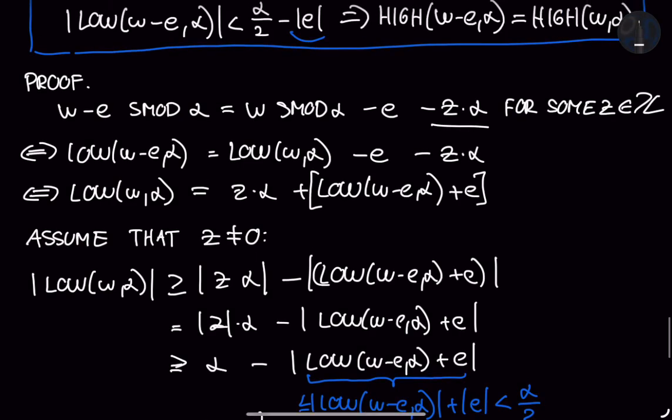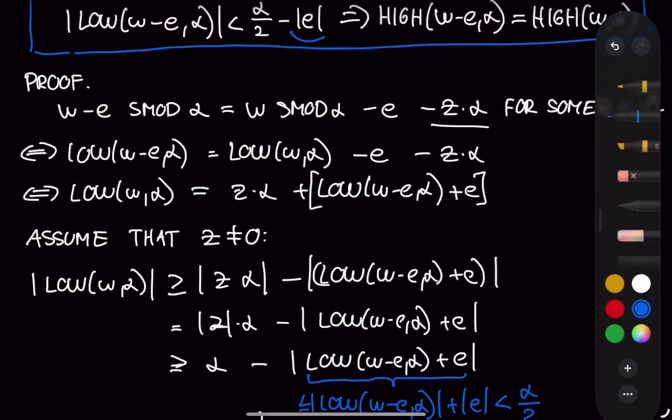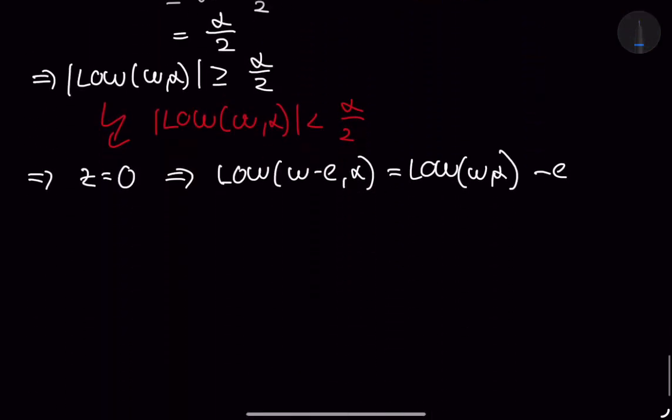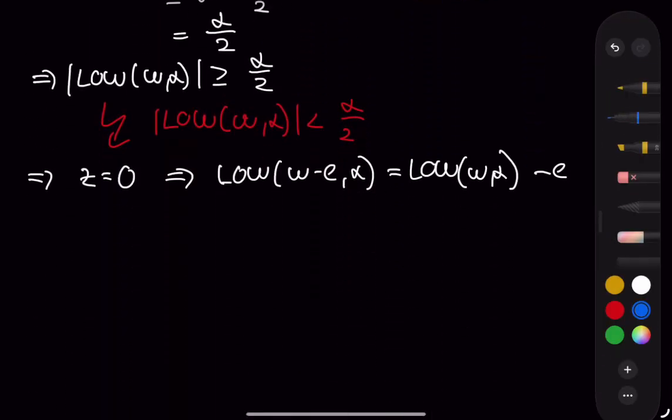So here, this part disappears if Z is 0. And this is the result. So we can express the low of W minus E by the low of W minus E.